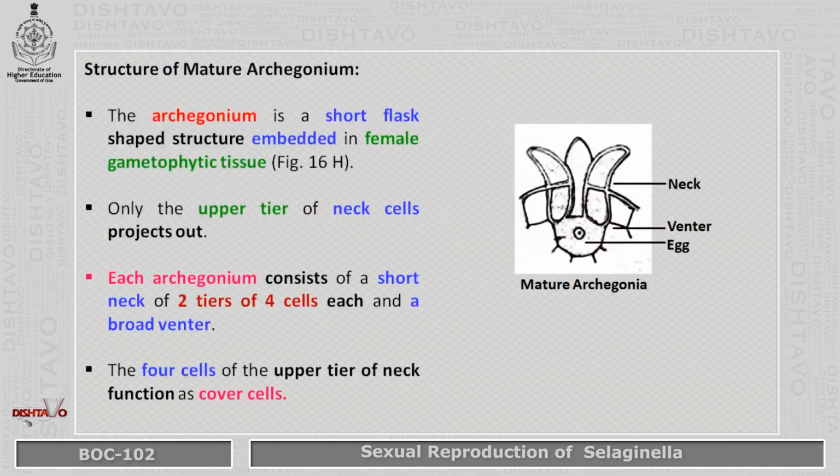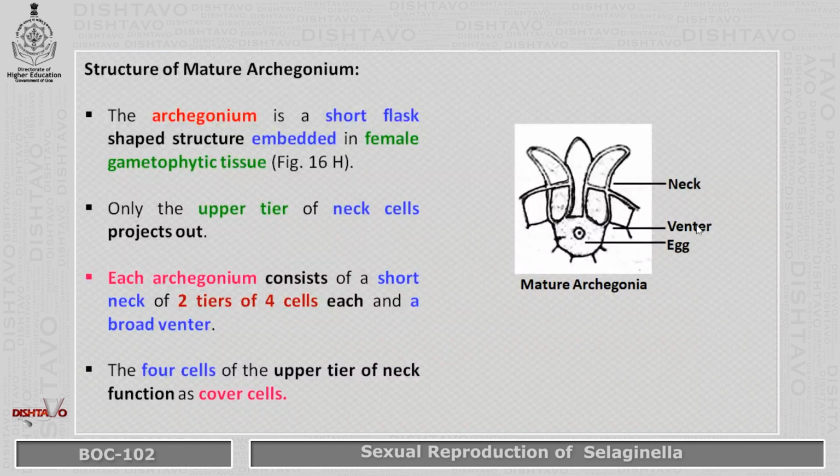This is the structure of the mature archegonium, which shows the neck cells. Below the neck cells there is a venter, and it covers one egg inside the archegonium. The archegonium is a short flask-shaped structure, embedded in the female gametophytic tissue.